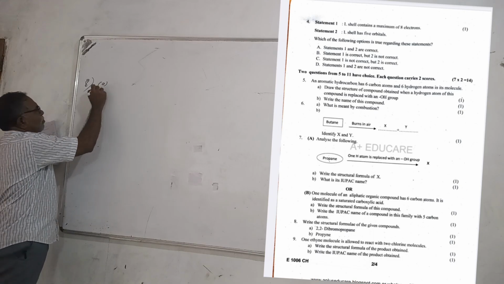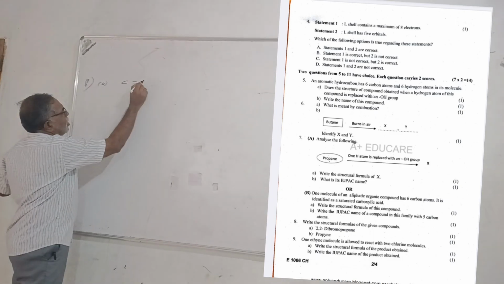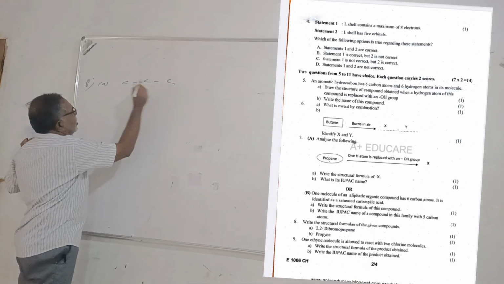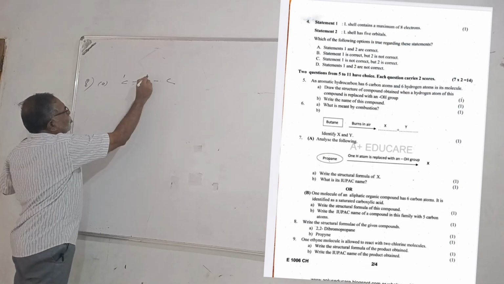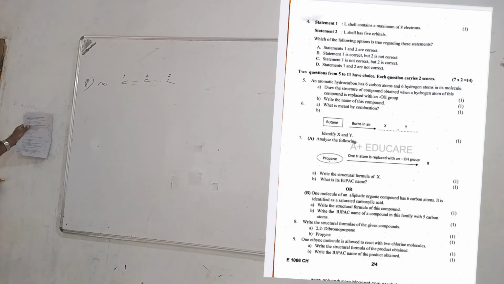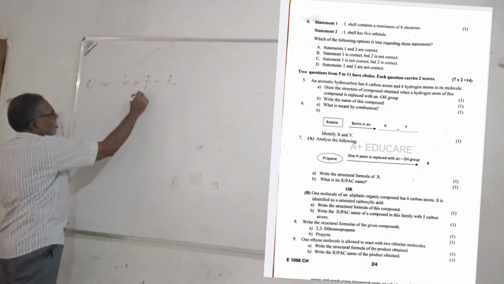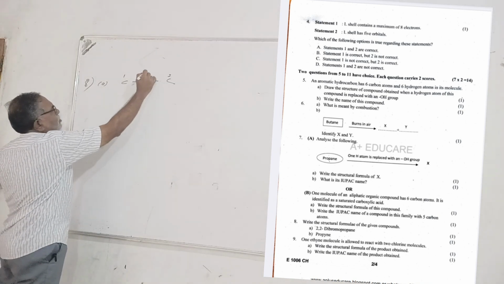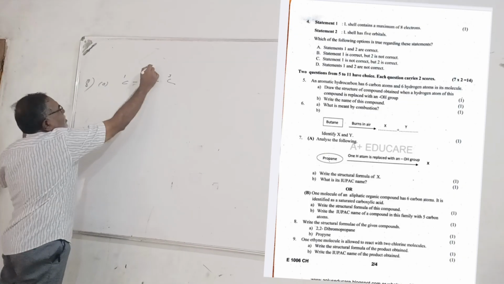Question A. Propane means 3 carbon atoms. 1, 2, 3. Number it. So they said 2,2-dibromo. So we can write one Br here. Bromo means Br. So here also one Br, right?